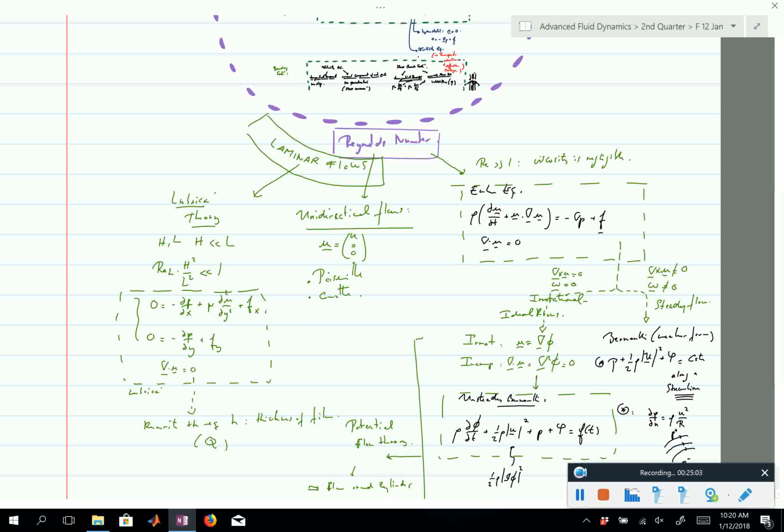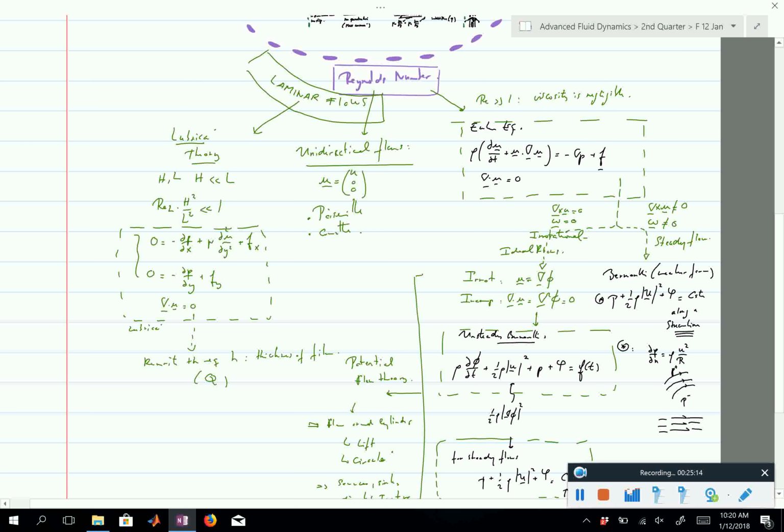So you first write the conservation in q: dh/dt plus dq/dx is equal to 0. That's a way of rewriting the mass balance, and then you solve for h. So you should remember that lubrication theory.